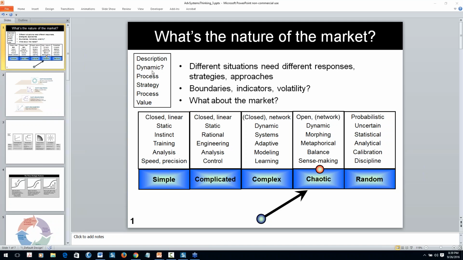We'll talk about whether it's dynamic or not, what kind of process is appropriate for responding to it, and then what kind of strategy you should maybe be considering, and then what kind of analytical process for understanding it at a deep level, and then what does that kind of approach value above all other things?